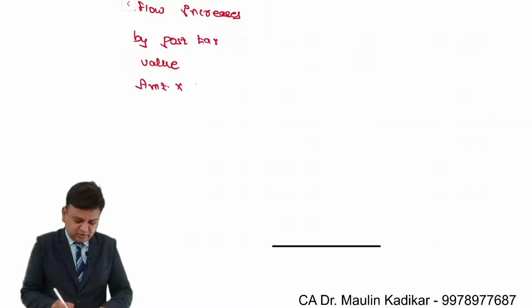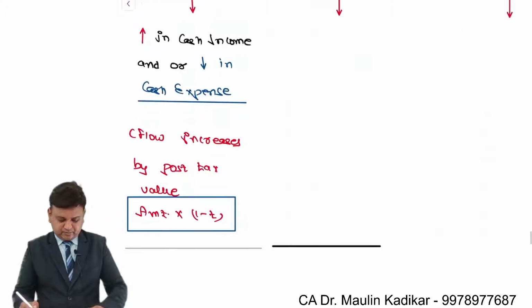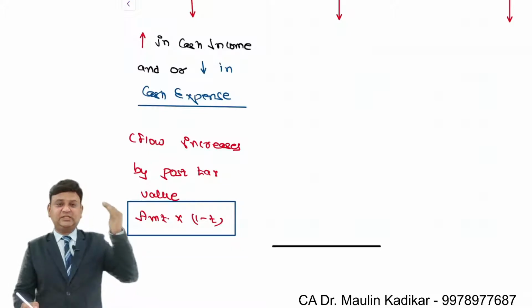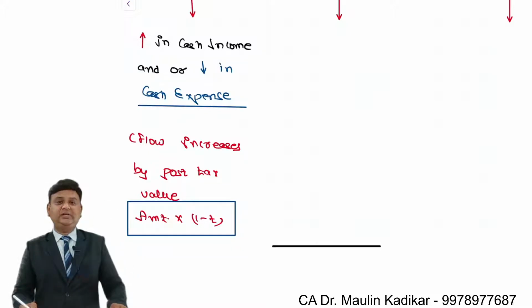That is amount into 1 minus t. So if at all there is an increase in the cash income or reduction in cash expenses, cash flow increases.